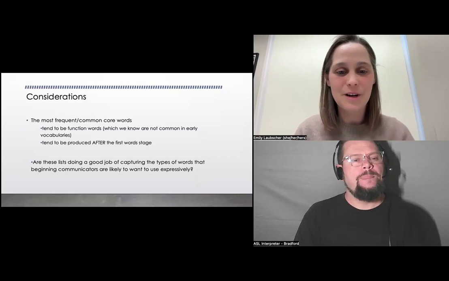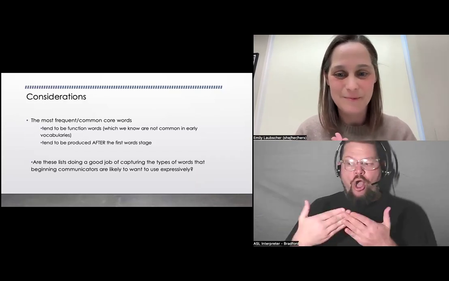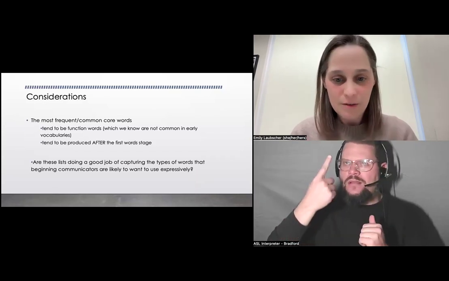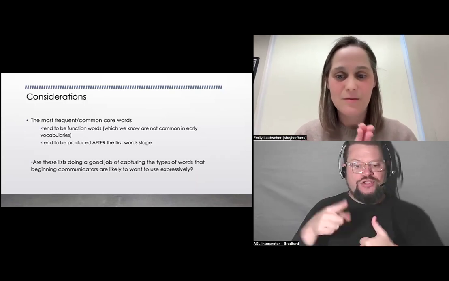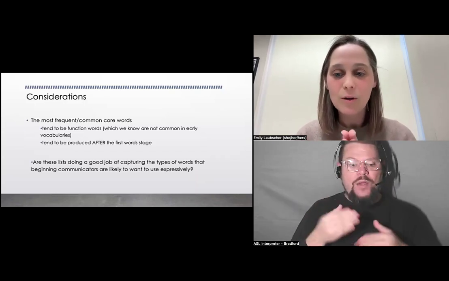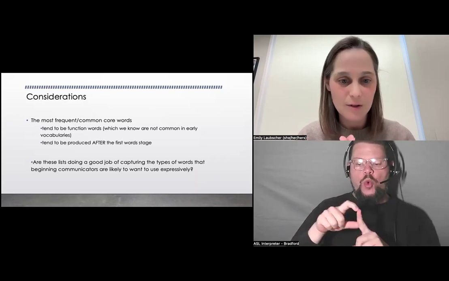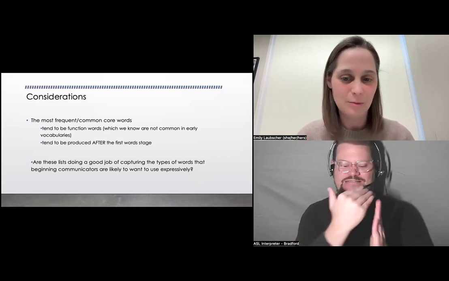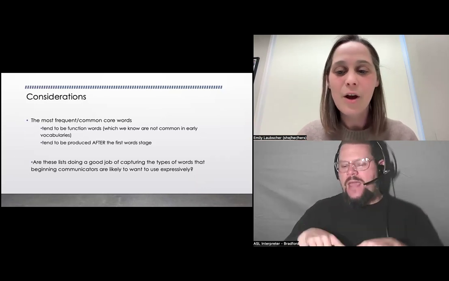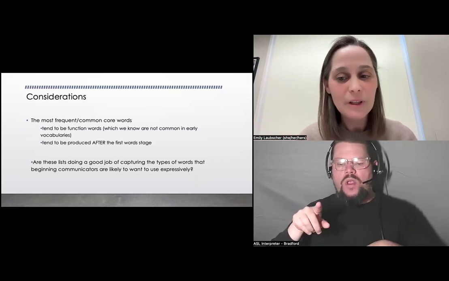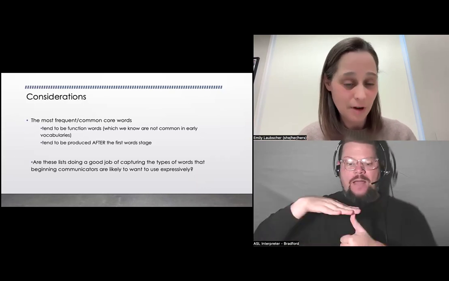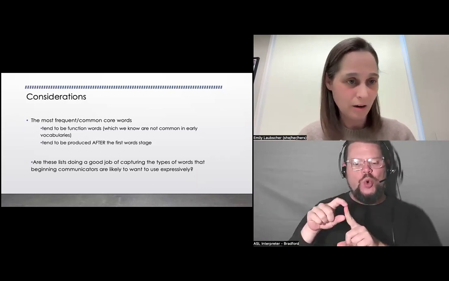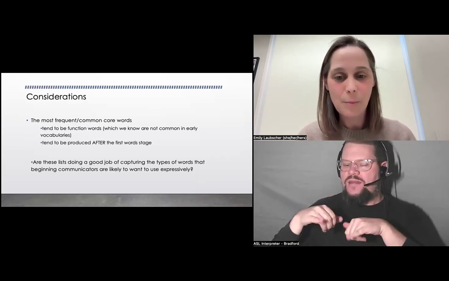All right, so let's try to pull all of this together a little bit. First of all, we can see from this breakdown that when core word lists rank the words from most to least core, or most to least frequent or common, depending on how core is defined, the words at the top of the list are often function words, which are not common in early vocabularies.